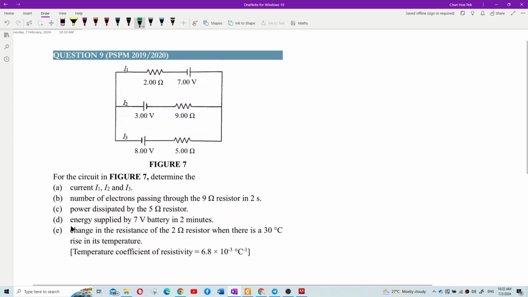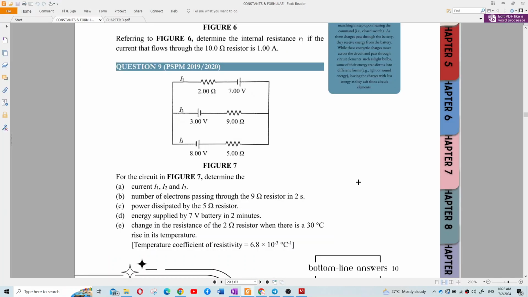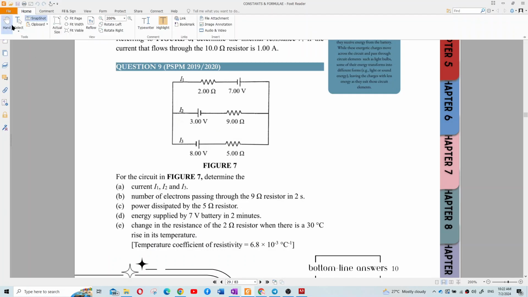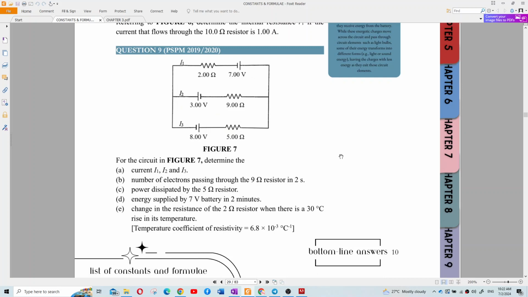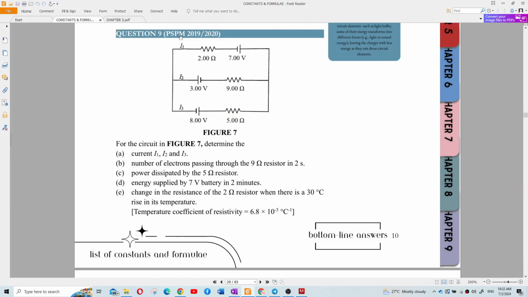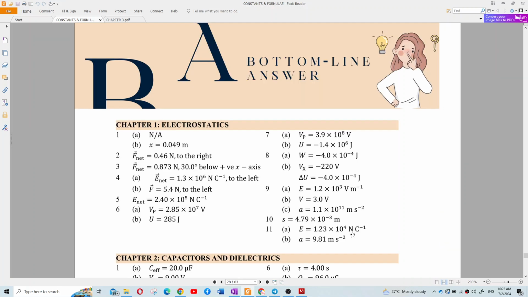So question B. But first of all, I need to list out the values of I1, I2, and I3 because I will need them. Let's see, this is question 9. I need the answers for I1, I2, I3, the bottom line answer.